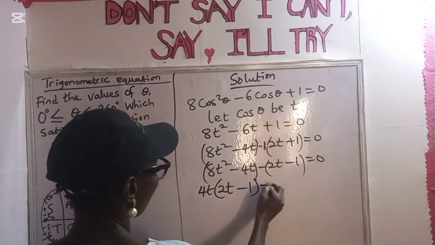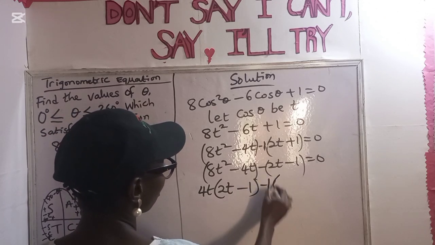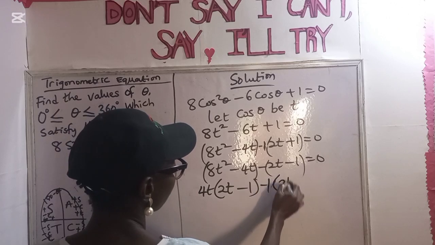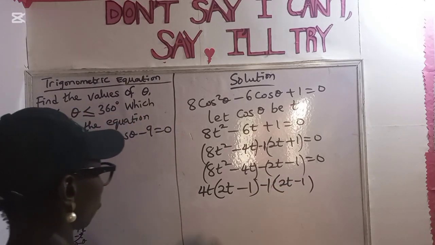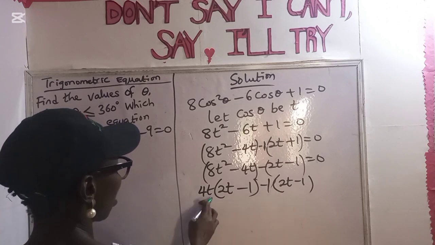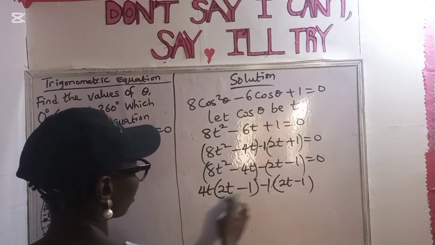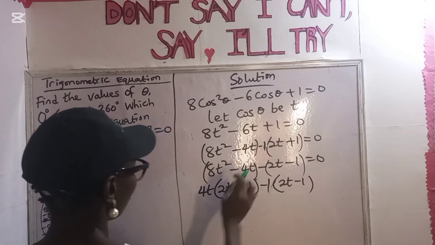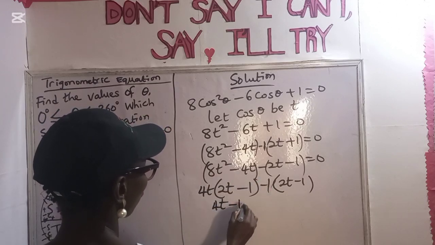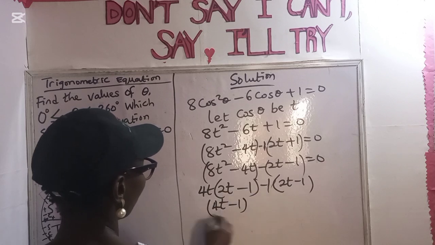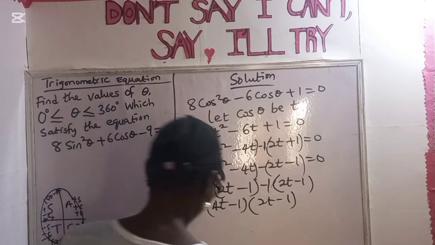We have minus 1 into 2t minus 1. So we take this one outside. This binomial expression will take 1. They must be the same thing. So we pick 1. So we have 4t minus 1, bracket it, then 2t minus 1.